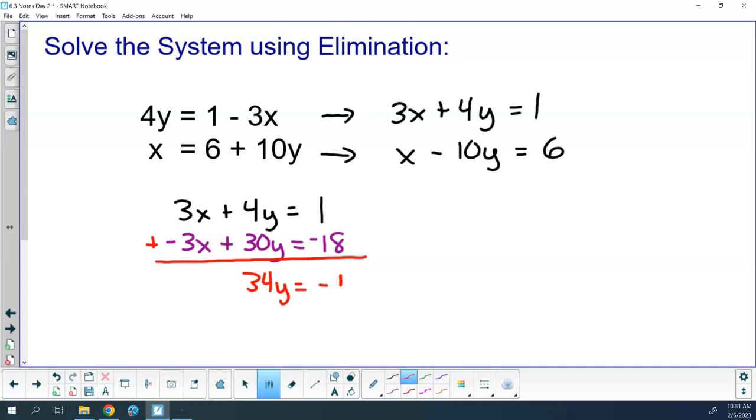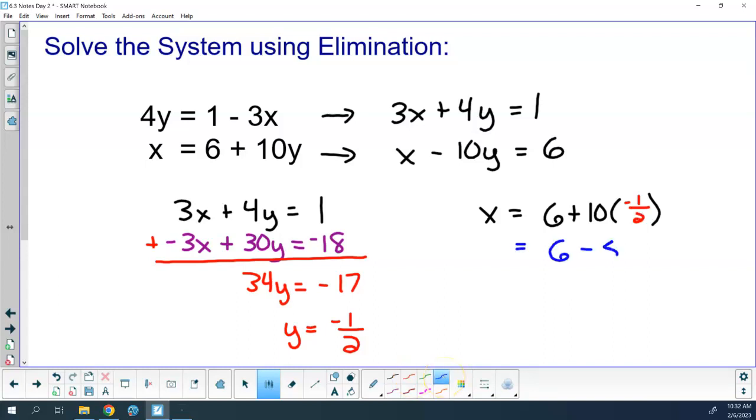34y equals negative 17. So y then is going to be negative 1/2. If y is negative 1/2, I'm going to plug that into the second equation. That's going to give me 6 minus 5.